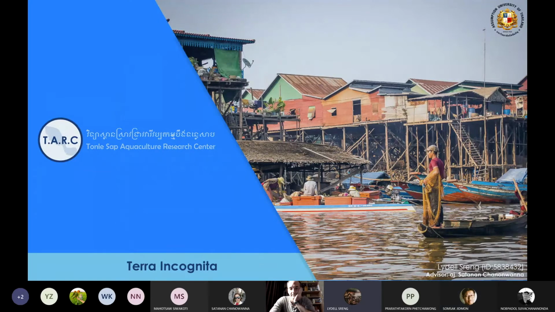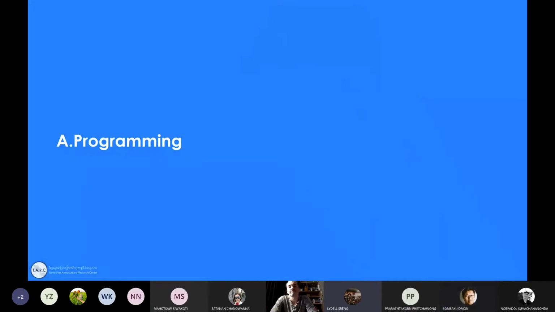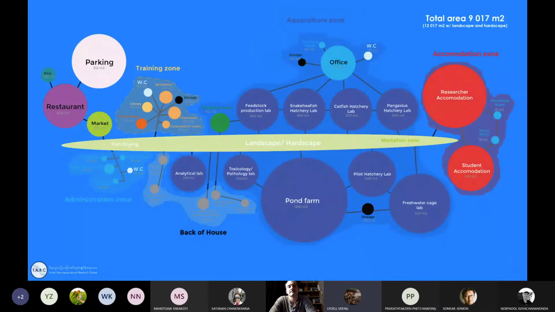Basically, my project was looking into unknown areas, which is what terra incognita translates to. And the region I looked into is the Tonle Sap region, and during the course of my thesis research, I came up with programs that could potentially serve the public and also the research aspects of the buildings.